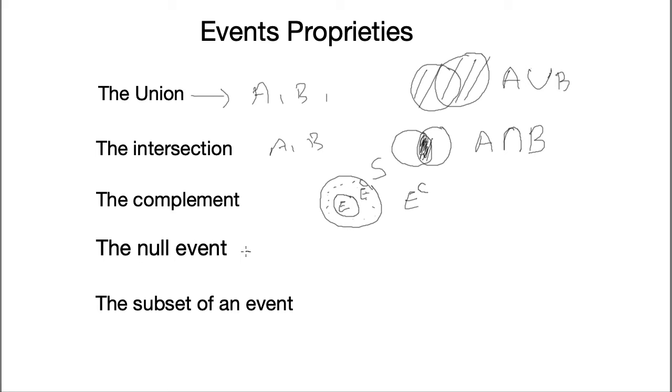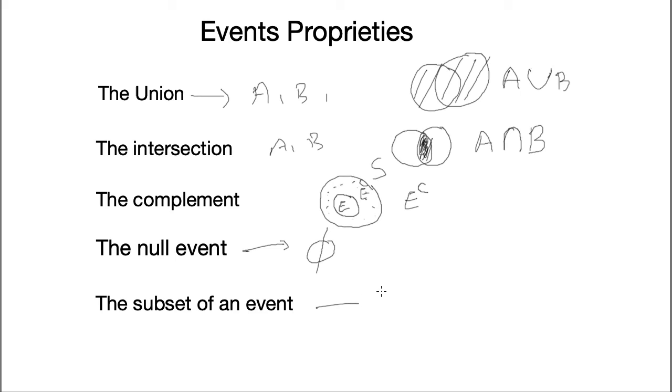The nil event is the event that doesn't contain any element. So if we have a sample space, the complement of this sample space is the nil event or the empty event, and it is noted by phi. The subset of an event is any event that is contained in this event.